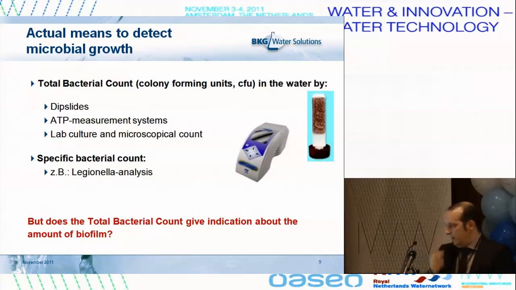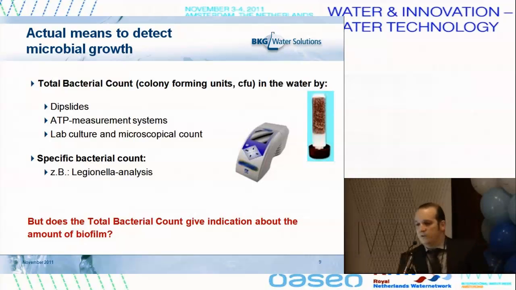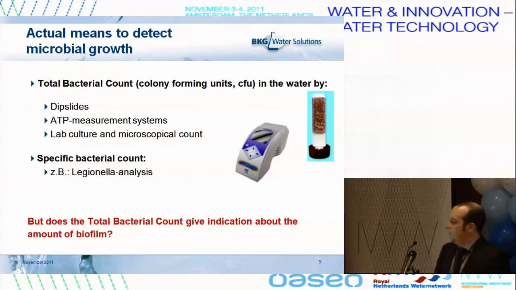So what is used to measure the total bacterial count? The easiest way is to use dip slides, these small plastic units. Most of you know, you put it into the water, and after 2-3 days you have a first evaluation of the total bacterial count. Then there are ATP measurements, which are small units that you put into the water, and then you use it in the photometer.